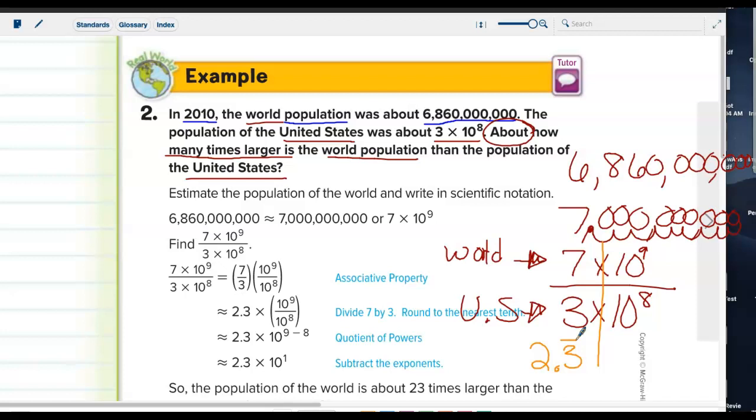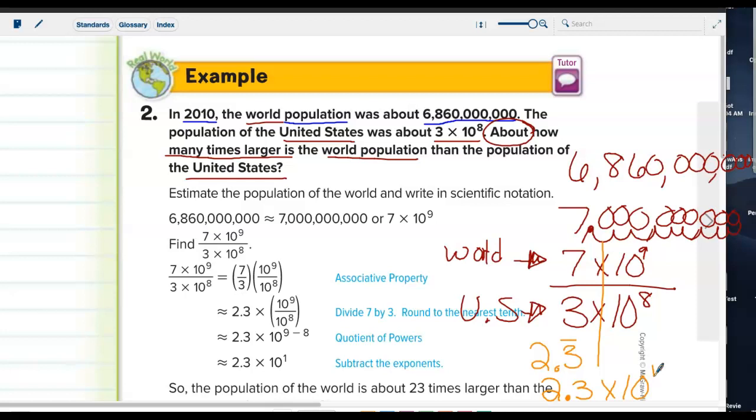Okay, so 2.3. We can do that because we're estimating, right? We still have to do our exponents, though. When we are dividing with the same base, what's the rule for our exponent? Michaela? Subtract. So 9 minus 8 is 1. So we have times 10 to the first. That would be in scientific notation.